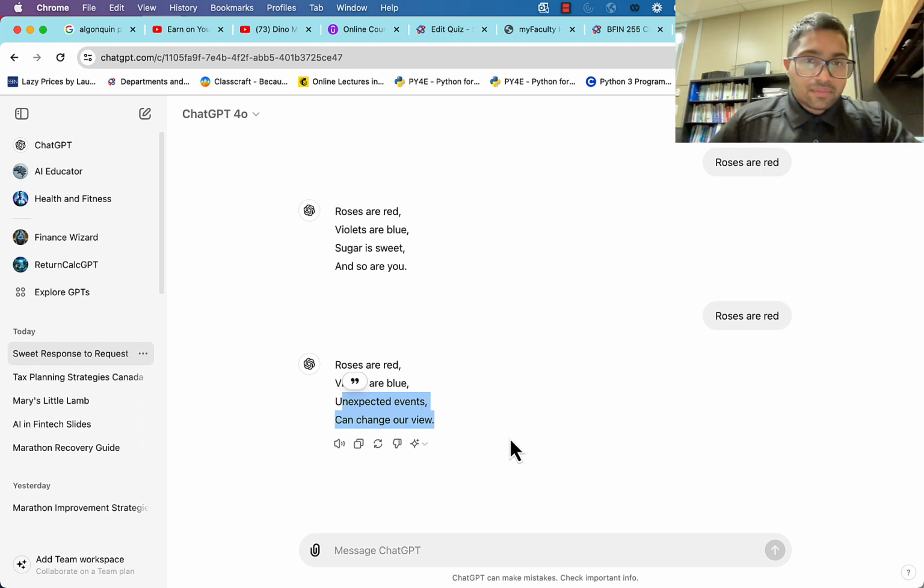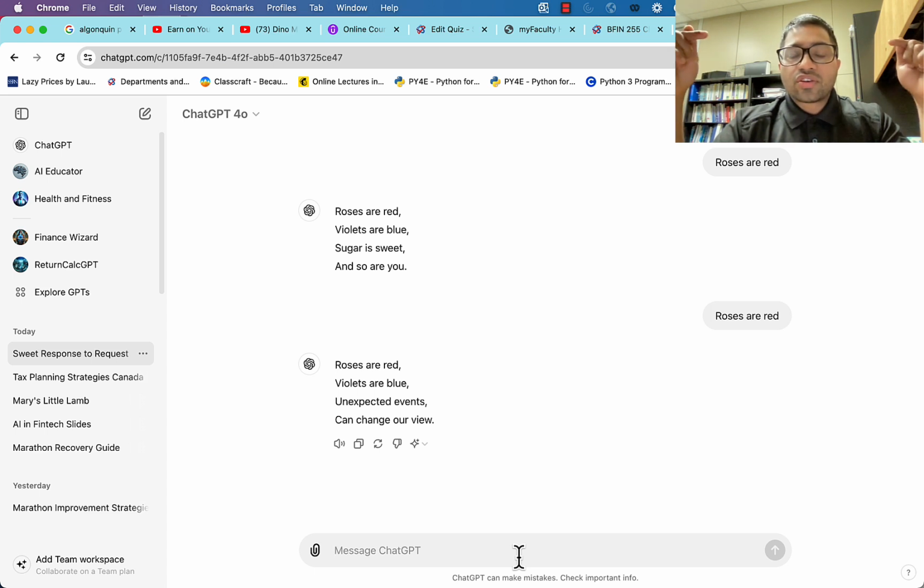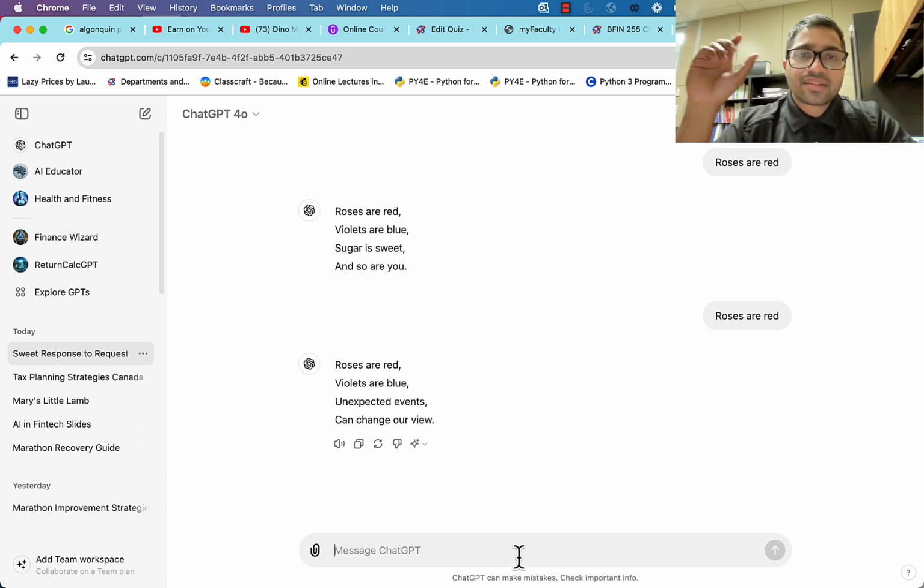Now this is the concept. Also you have to remember that all these models have a cutoff date. What is a cutoff date? The information is not current. Cutoff date means there is a set date.